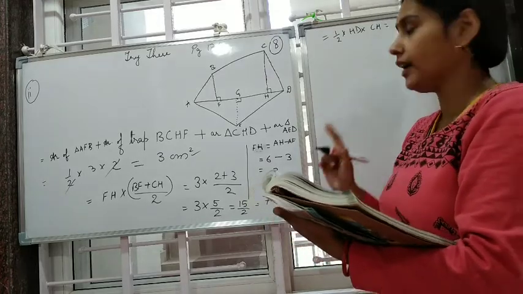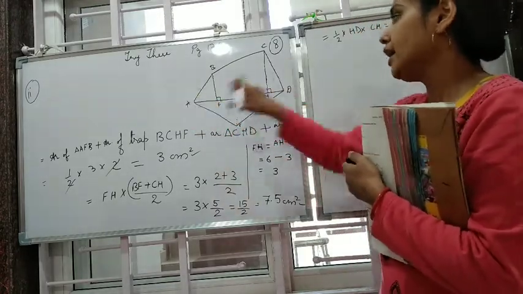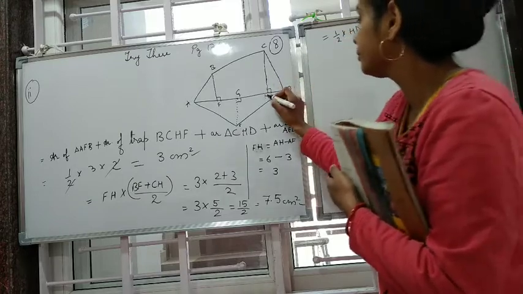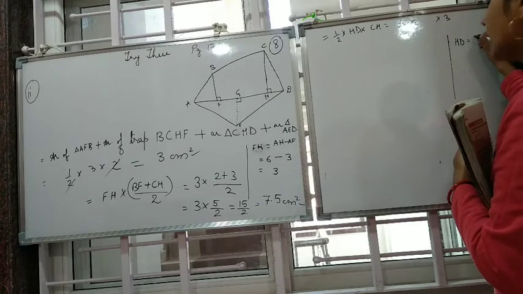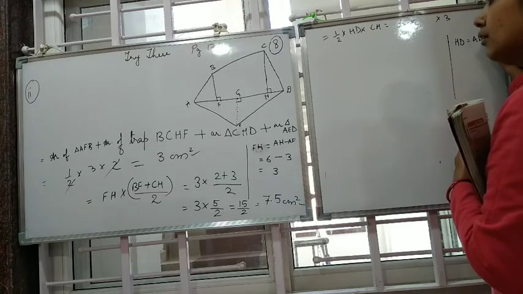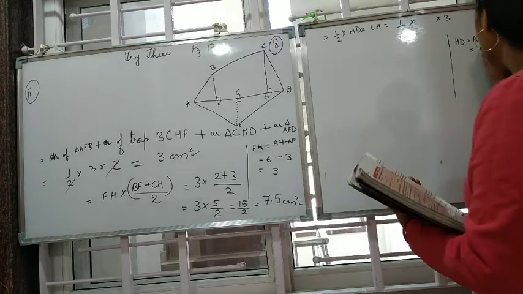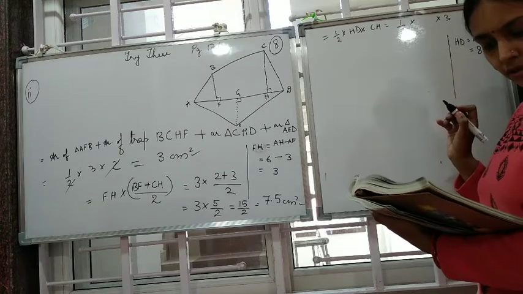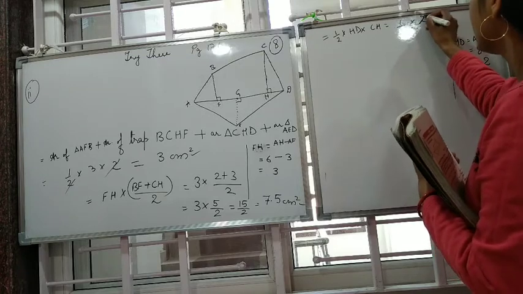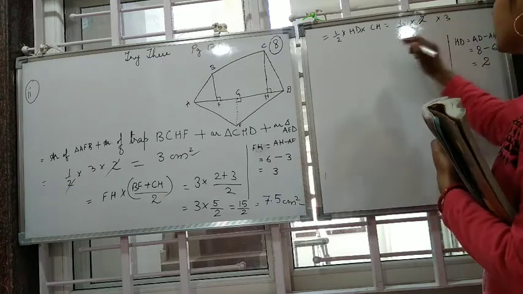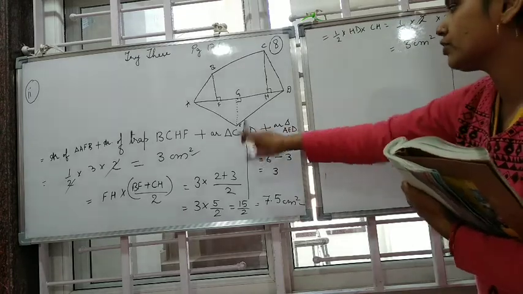Instead, AD and AH are given. If from AD we remove AH, we will come to know HD. So HD is equal to AD minus AH. AD is 8, AH is 6. 8 minus 6 gives us 2. So 2 will come here. 2 and 2 get cancelled, and what is left over is 3 centimeter square. This is the area of triangle CHD.